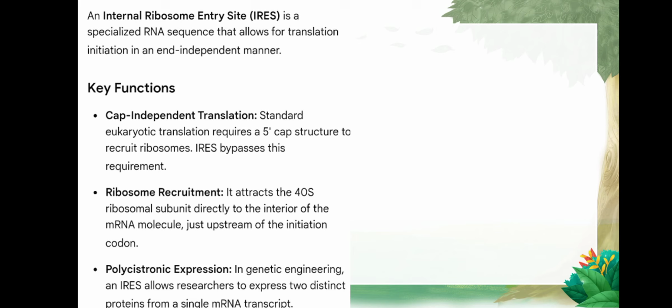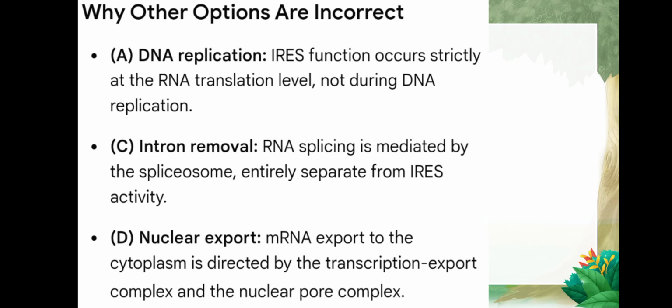So this is the reason: an internal ribosome entry site is a specialized RNA sequence that allows for translation initiation in a cap-independent manner. That is, it is not dependent on anything. Normally, when the small subunit is brought, it finds the m7G cap on the mRNA and then scans, isn't it? The 40S ribosome, which I am talking about.